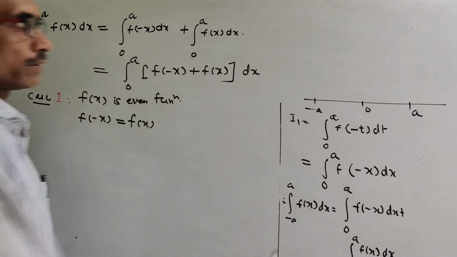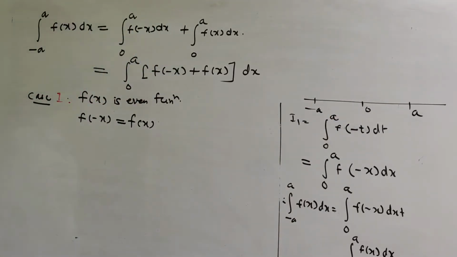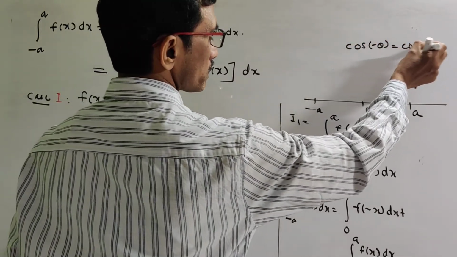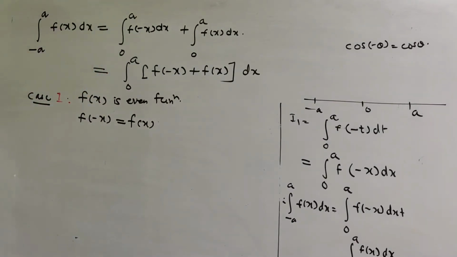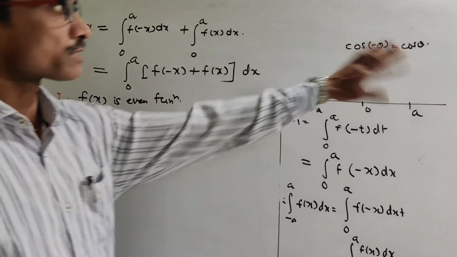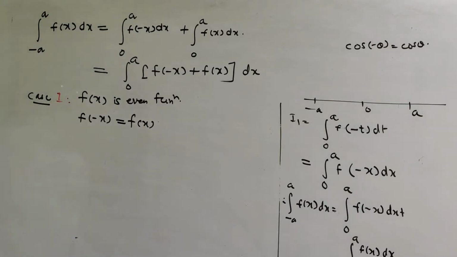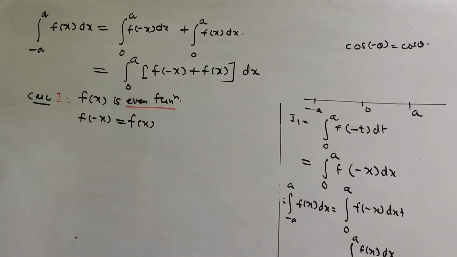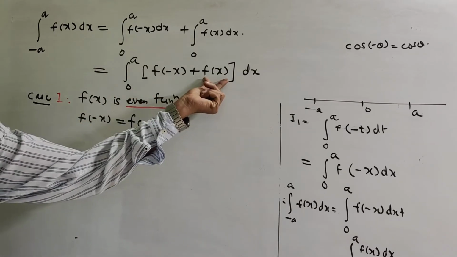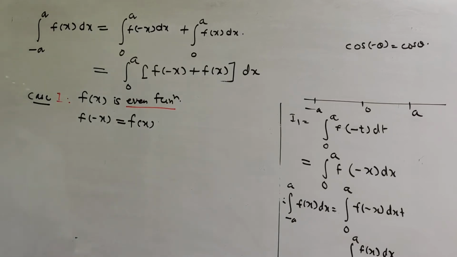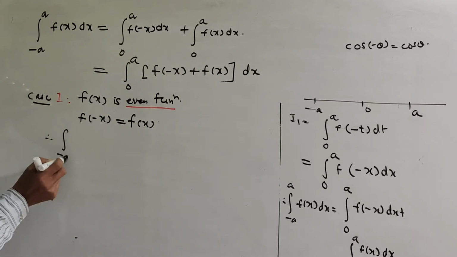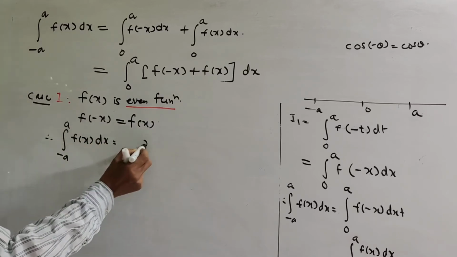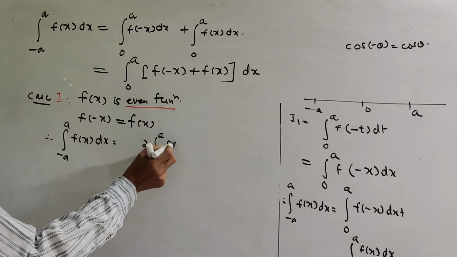For example, cos x, sec x, all these are even functions, because cos of minus theta is equal to cos theta, sec of minus theta is equal to sec theta. Sin of minus theta is minus sin theta, so that becomes an odd function. So f of minus x is f x, that means the function is even. Then this will be again f x, and the sum will be 2 f x, with 2 outside the integral. Therefore integral minus a to plus a f x dx is equal to 2 times integral 0 to a f x dx.